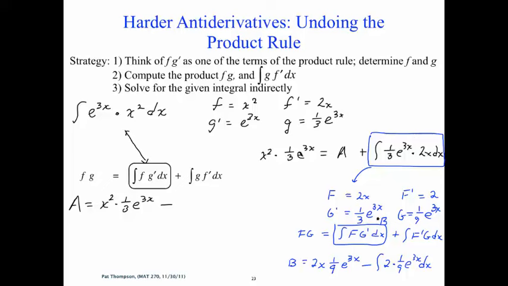And this one is our B, our blue box. So it's going to be minus, parentheses, 2x, 1/9 e to the 3x minus integral 2/9 e to the 3x dx.